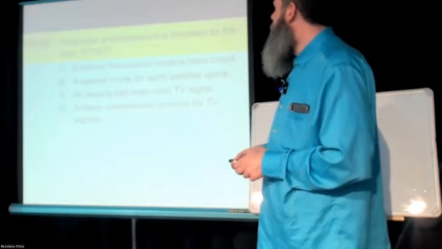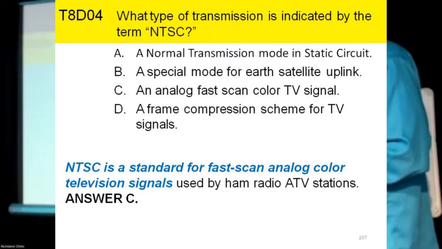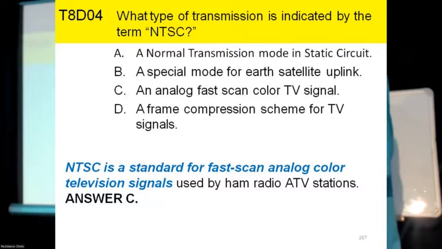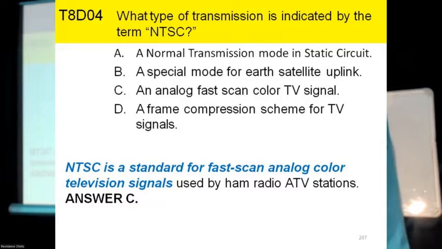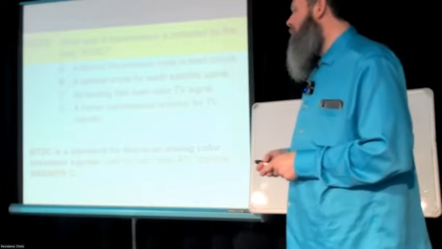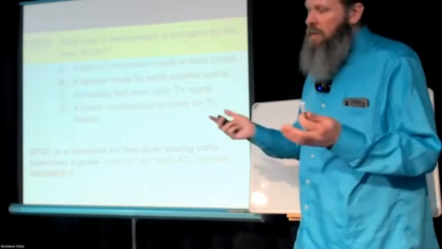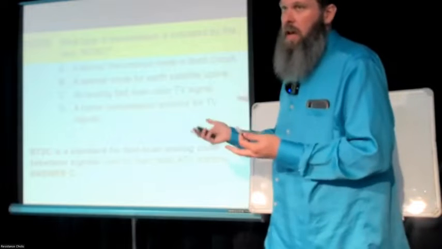What type of transmission is indicated by the term NTSC? And it's analog fast scan color TV signal. There's nothing about that except knowing what that is.